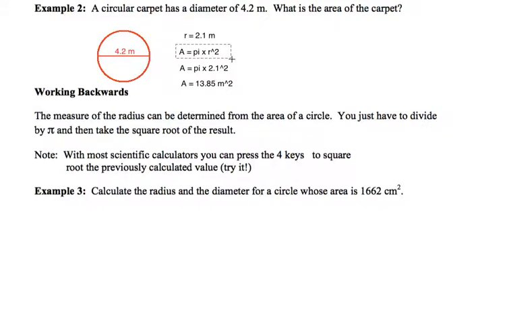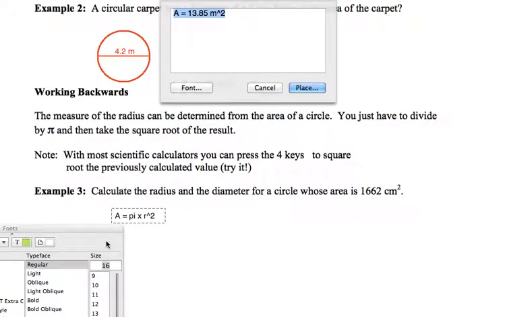This one here, area is equal to pi times the radius squared. And then I substitute the numbers that I know in the spots that they belong in. So here, if I know the area is this, let me just put that in the spot for A. So the area, which is 1,662, is equal to pi times the radius squared.